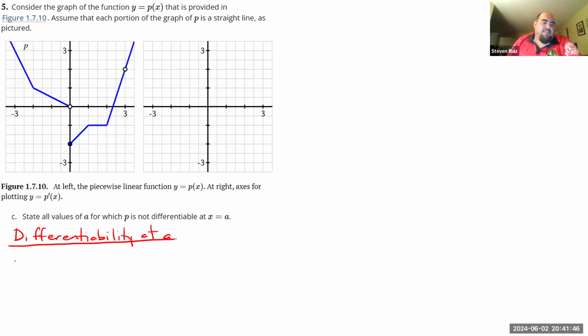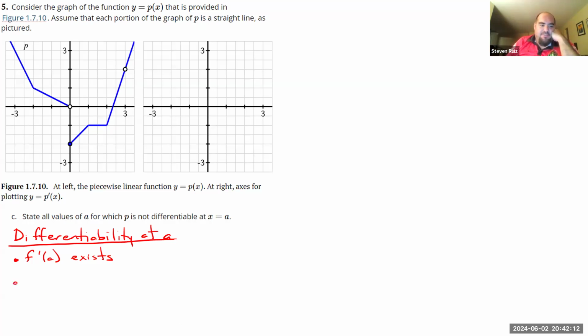Well, one way to think about this is f prime of a exists. Basically, I have a function. I can talk about the derivative of that function, and if the derivative exists at a point, it's differentiable. So while that's true, I think we can do a little better. What is f prime of a?